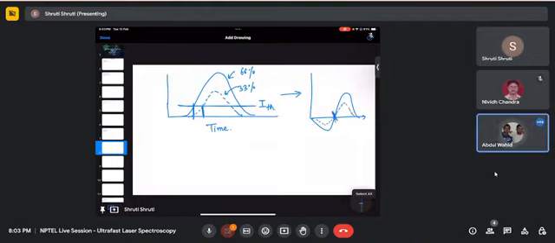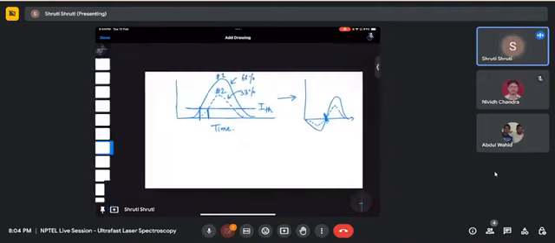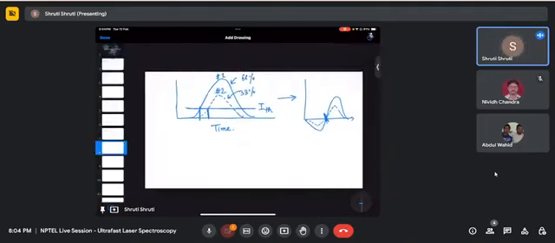So the question is that we have a protein, and it has a fluorophore bound at two positions. One is exposed to water, and it has a lifetime of 5 nanoseconds in the absence of any quencher.